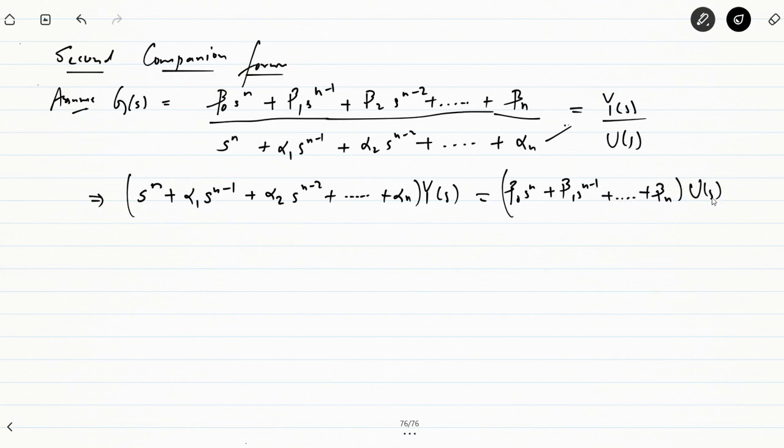This was the first step. Now, dividing throughout by s raised to the power n.